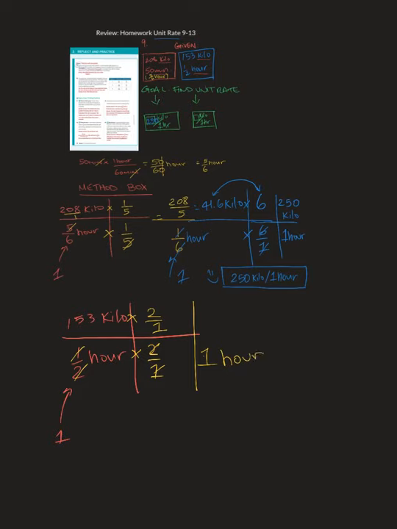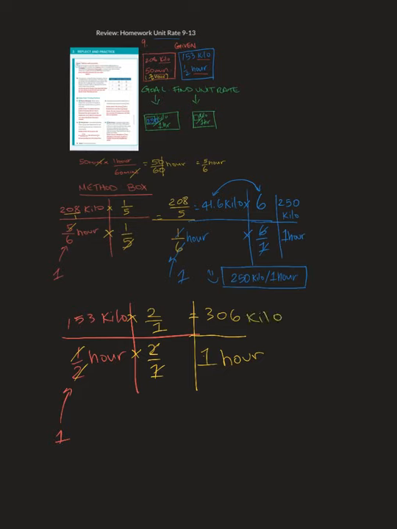And if we do the math here, you have 153 times 2, which is 306. So now you have 306 kilo.